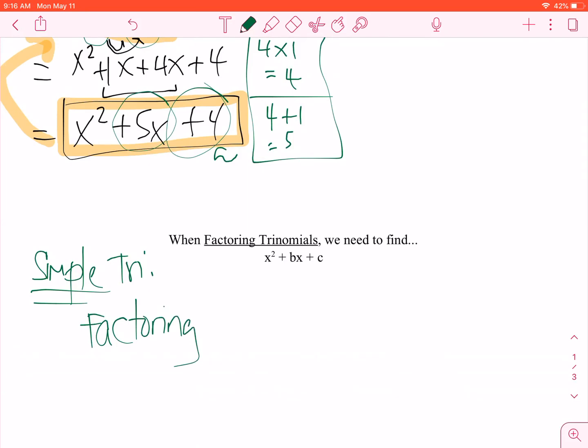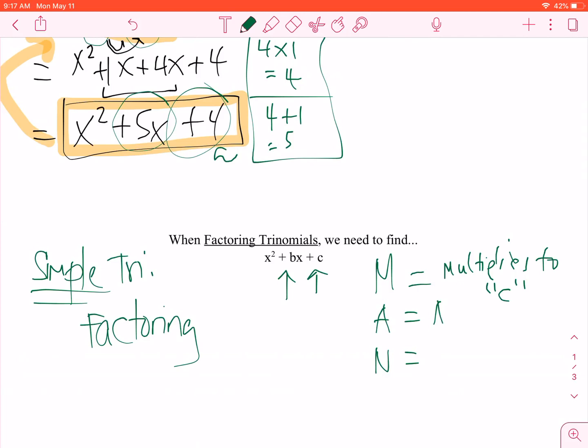Okay, I call this method MAN as an acronym. Okay, so it's trying to figure out what multiplies, that's what the M's for, to C, and you got it, adds to B. Okay, N stands for what are those numbers.